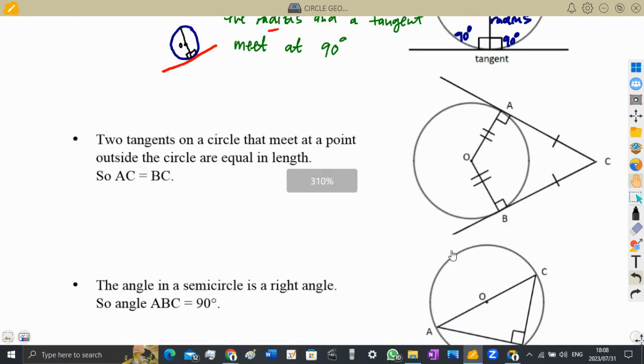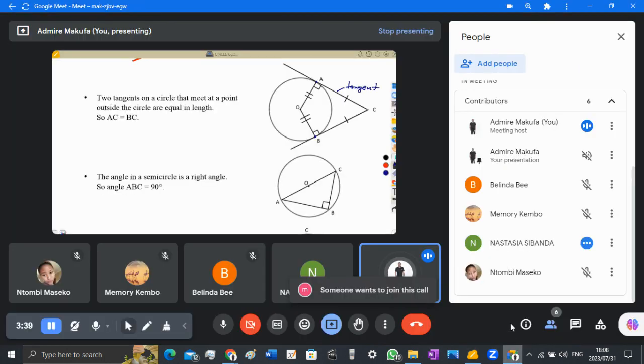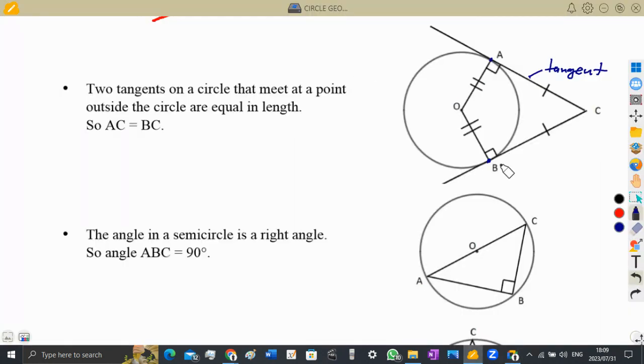Then we have this part that states that from the two tangents that we are talking about, we've got two tangents, AC, this one being a tangent. It is drawn from what? From the point of a circle. BC being a tangent, BC drawn also from the point of a circle. So it's also a tangent.